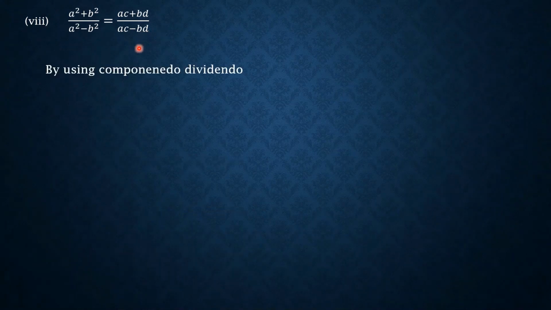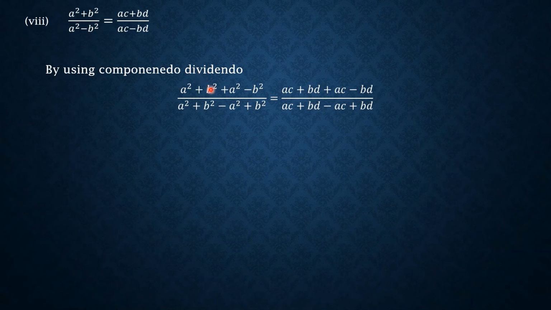Now come to the eighth part of this question, which is a square plus b square divided by a square minus b square. This equal to ac plus bd divided by ac minus bd. Now by using the componendo dividendo theorem to this fraction, we have a square plus b square plus a square minus b square, that is numerator plus denominator.